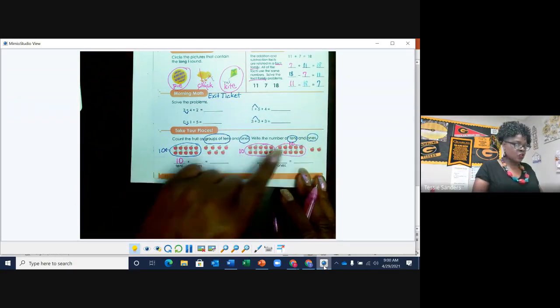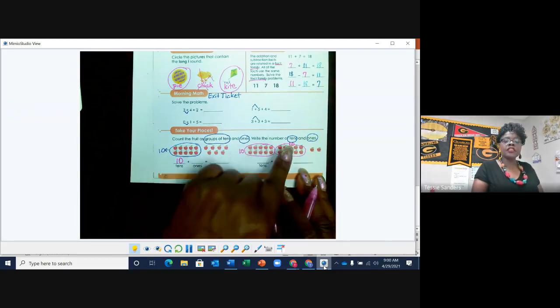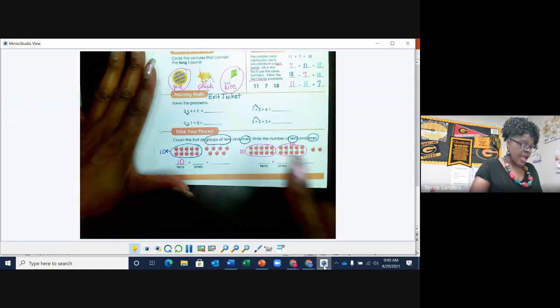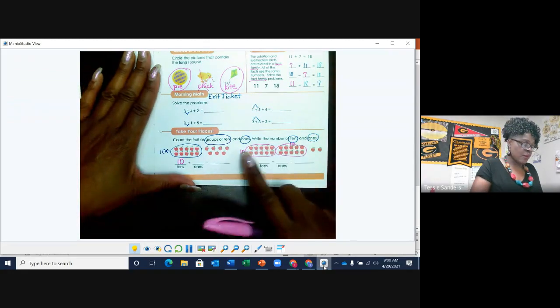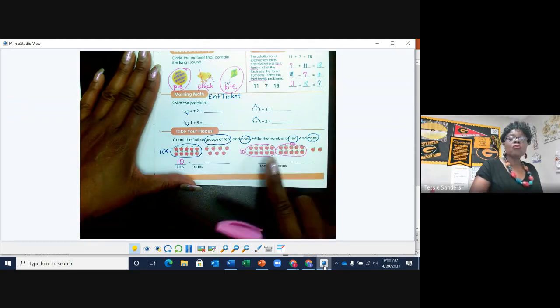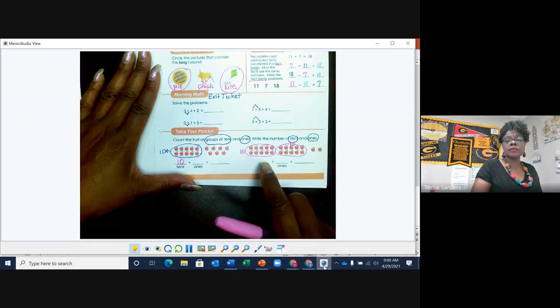So add these two numbers together. Write that number here on the line. I'll say it again. Add these two numbers together. Write the sum of these two numbers on the line.